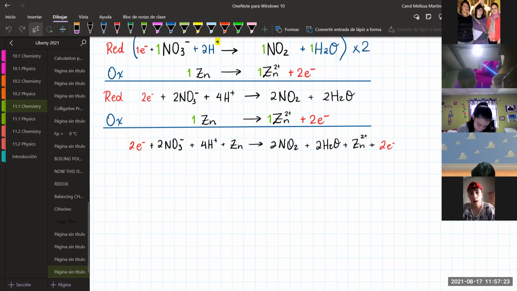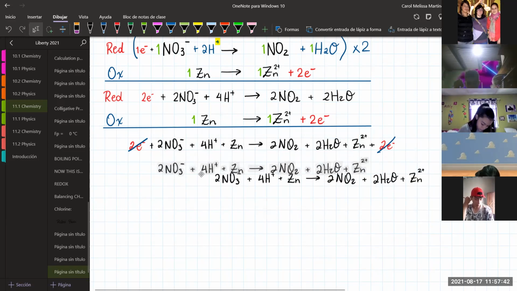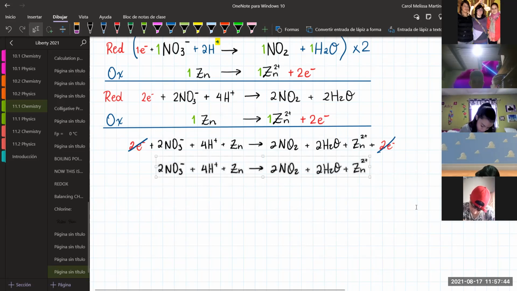So, this number of electrons is going to be eliminated because they are the same number and they are located in opposite sides of the reaction. So whatever is left is the remaining reaction, okay? So the reaction is being altered to this.